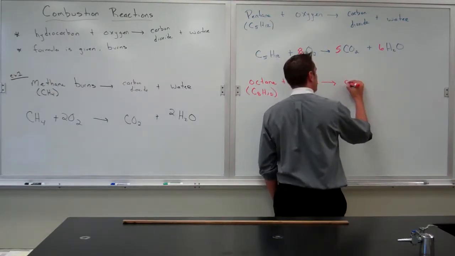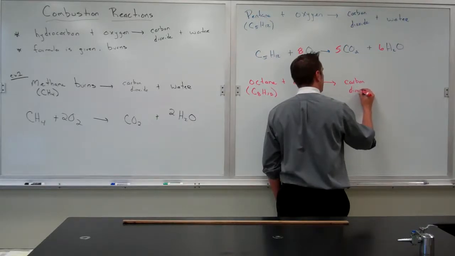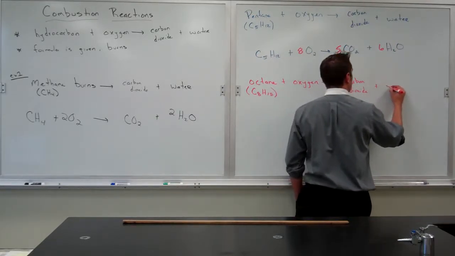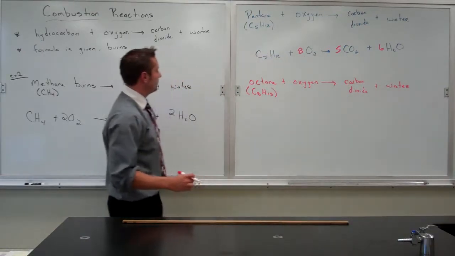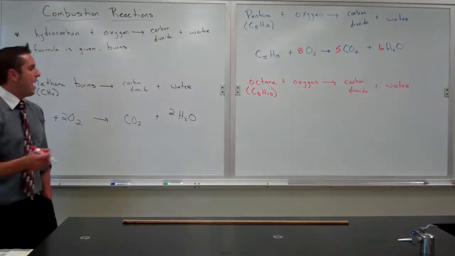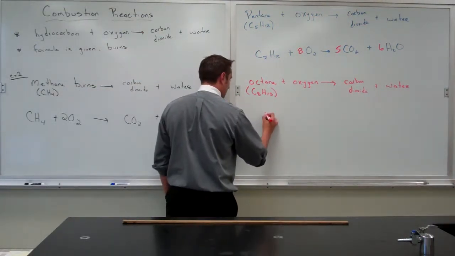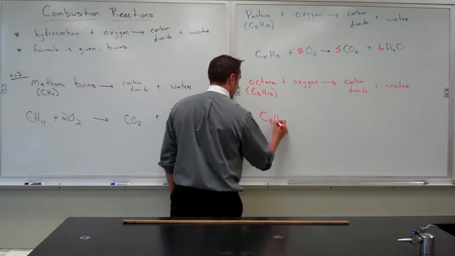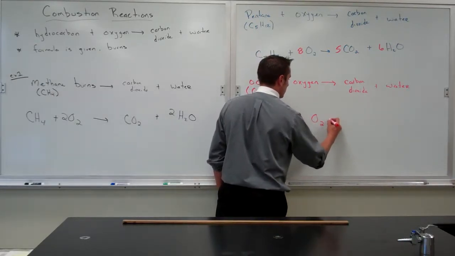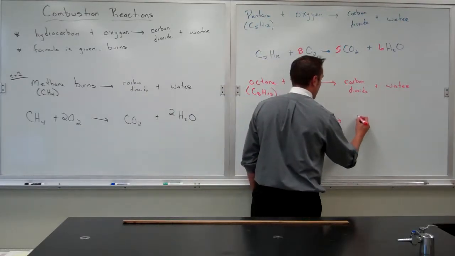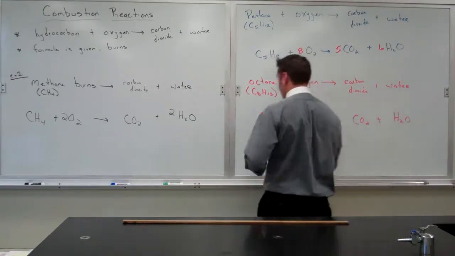All combustions have the same products. Carbon dioxide plus water. So from here, it's a matter of writing and balancing it. Octane, formula is given, C8H18. Oxygen is O2. Carbon dioxide, CO2, water, H2O.